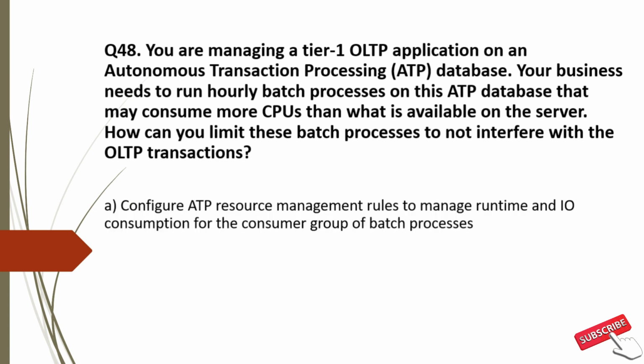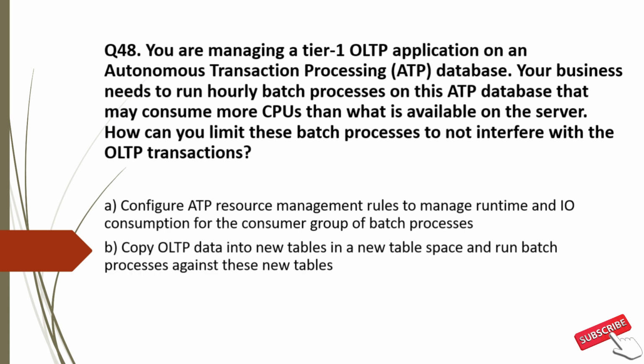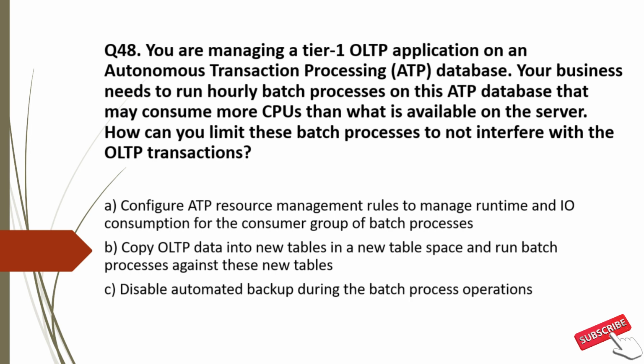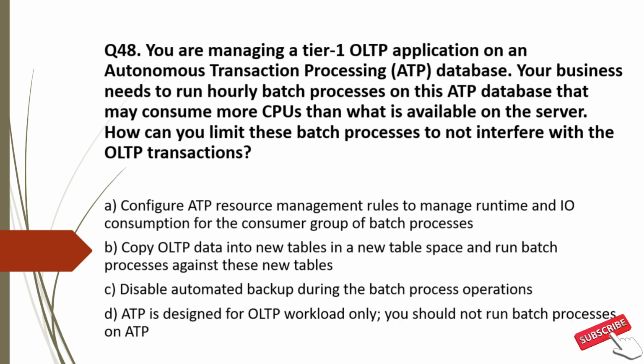And the options are A. Configure ATP resource management rules to manage runtime and I/O consumption for consumer group of batch processes. B. Copy OLTP data into new tables in a new table space and run batch processes against these new tables. C. Disable automated backup during the batch process operations. And D. ATP is designed for OLTP workload only. You should not run batch processes on ATP.